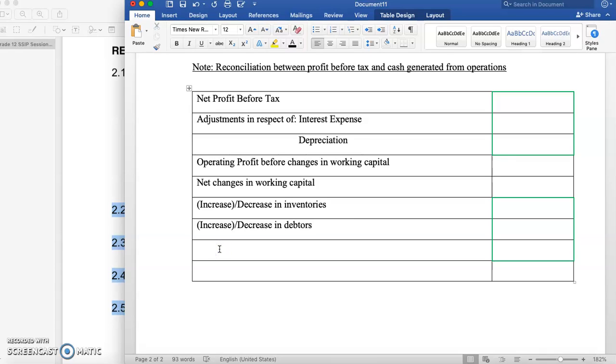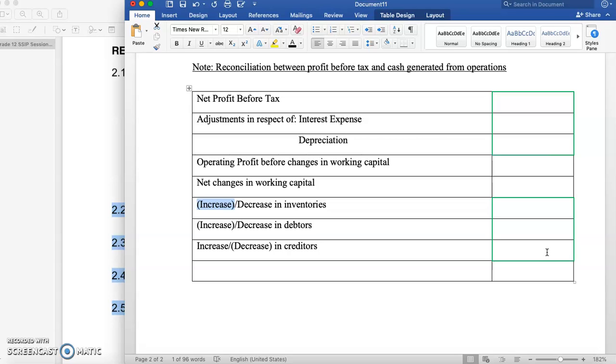And then last, we're going to have an increase or a decrease in creditors. Okay, and so as you can see, if it's an increase in inventories, it's going to be in brackets. We're going to subtract this amount. If it's an increase in debtors, we're going to subtract it. If it is, however, an increase in creditors, we will add it, and this will be a positive amount.